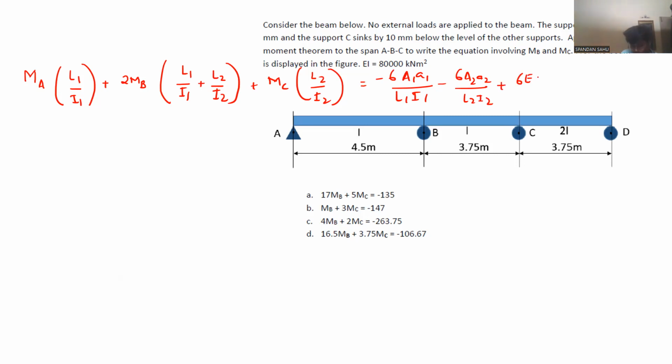Sir, there is no loading. There is no loading, a beam without any load. So the question has been framed like that. There is no question why the beam is not loaded.